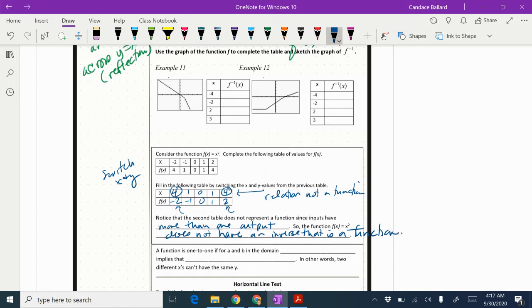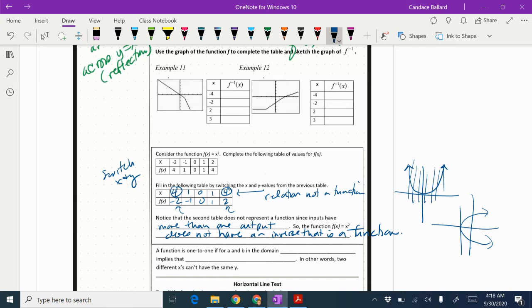So really what it's meaning is that if I originally have this, we can do what we call the vertical line test, and we know that by using a vertical line on it, that it is a function because the vertical line only crosses once. Well, the inverse picture of x squared looks like this, and you'll notice that it fails the vertical line test because it crosses more than one time.